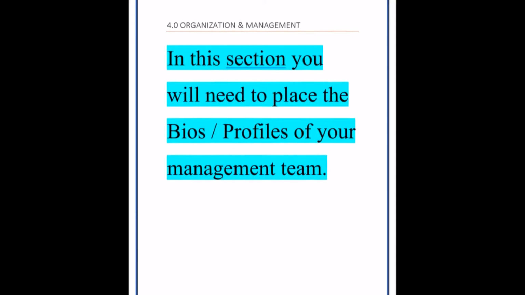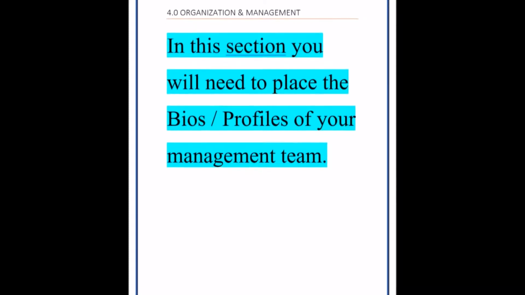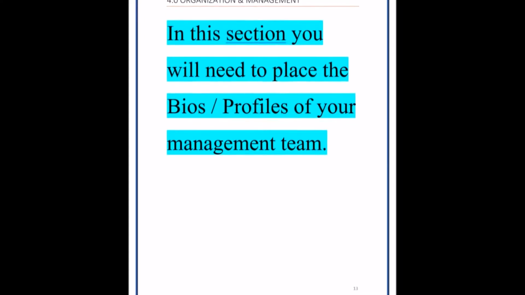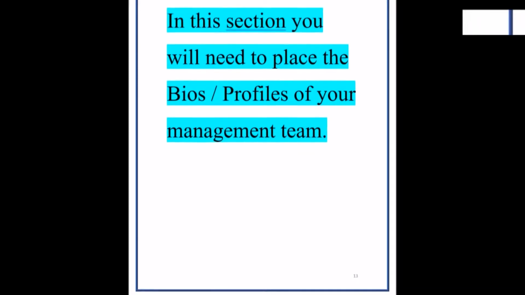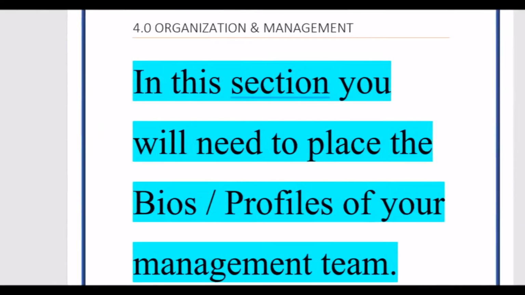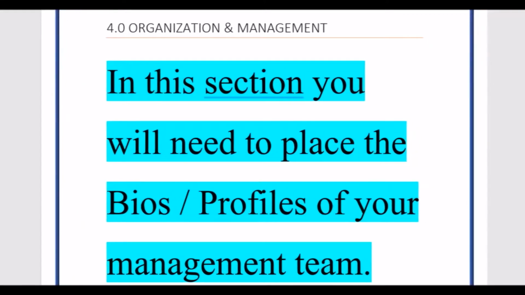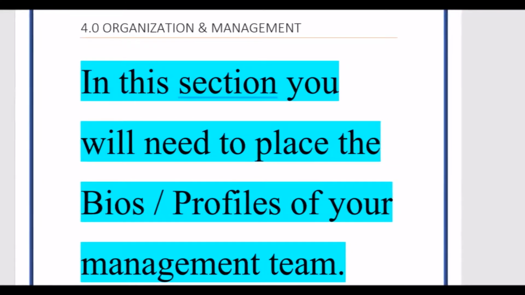Continuing in the business plan template, we come to the Organization and Management section. Here, under Management, you will want to add the bios or profiles for the key team members of your company. A blue highlighted area is pasted as a place mark for you here.